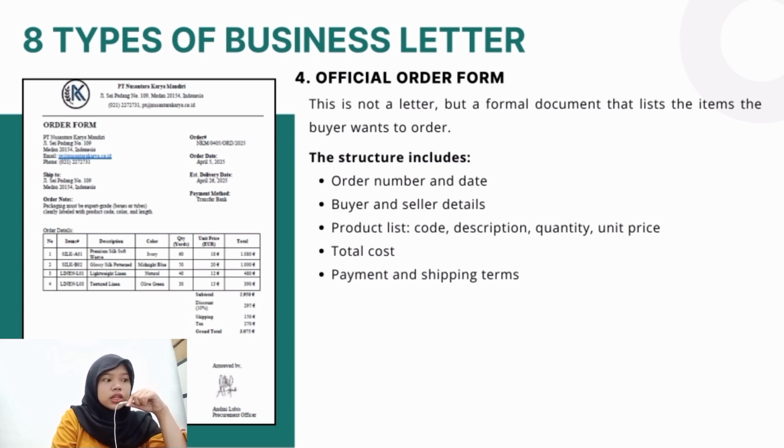The structure includes order number and date, buyer and seller details, product list like code, description, quantity, and unit price, total cost, payment and shipping terms.